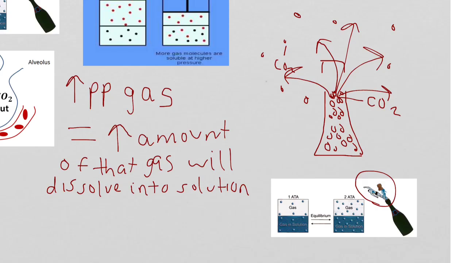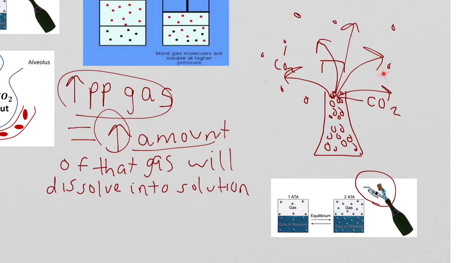So I shook the soda bottle, I increased the partial pressure of that gas, and now I'm going to have a greater amount of gas dissolve into solution, or the atmosphere as in my example right here. And eventually, if I leave this cap open overnight, the CO2 in the drink will be equal with the environment.